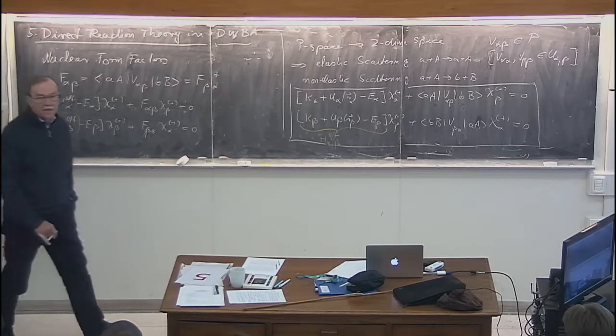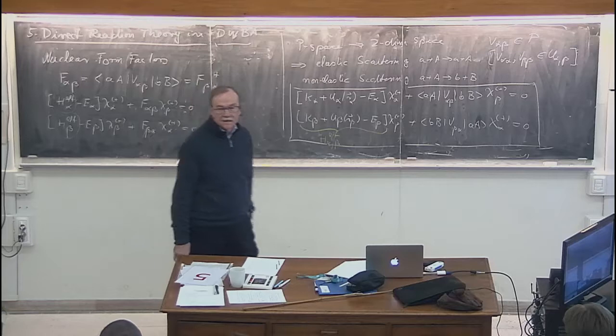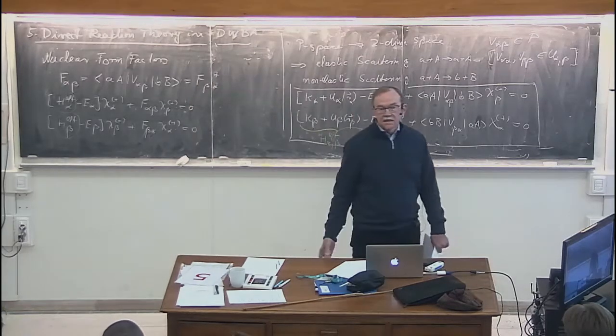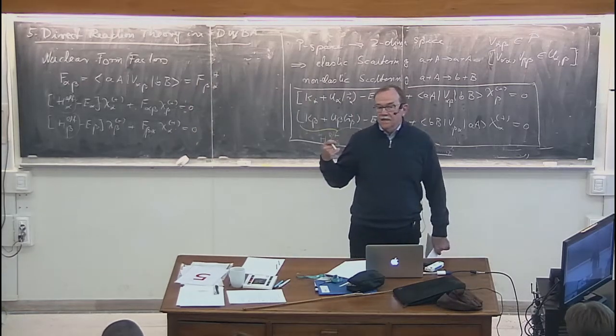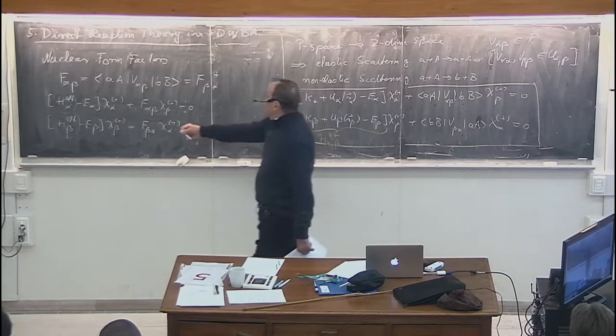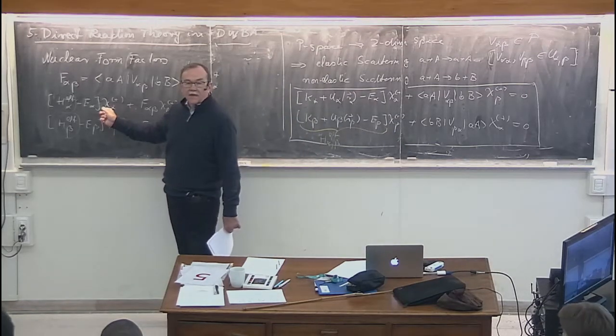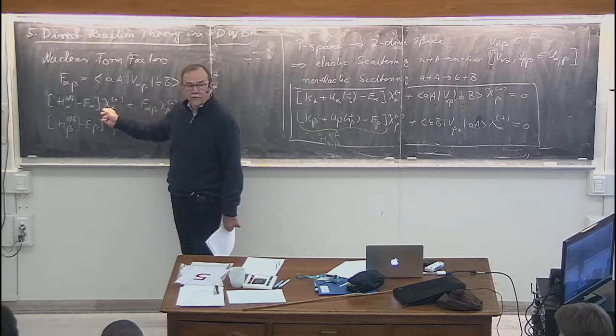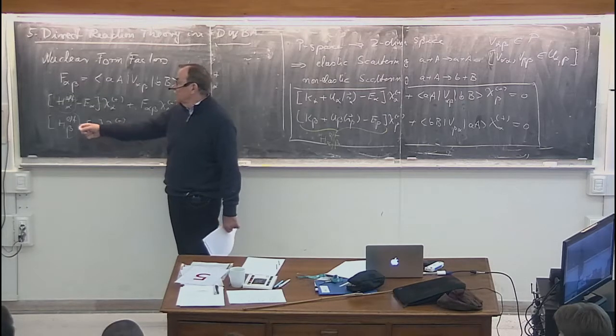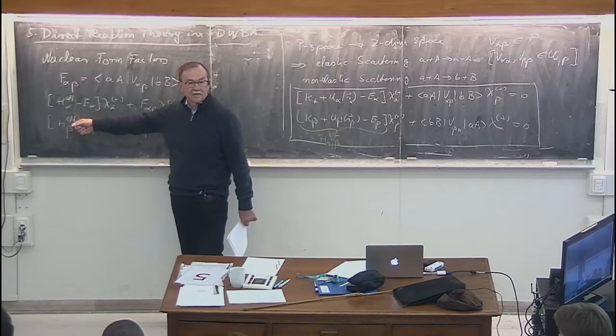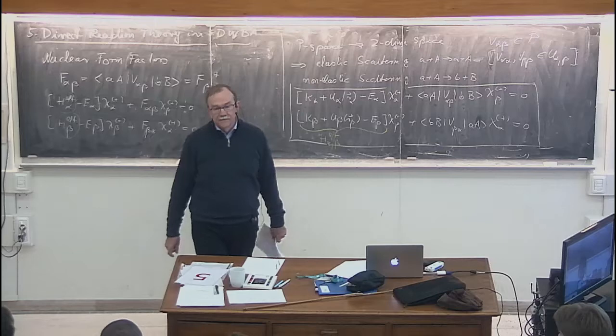That is called initial and final state interactions. Initial state interaction is the elastic scattering in the incoming channel, A plus A or alpha, and final state interaction are all elastic scatterings in the outgoing channel.